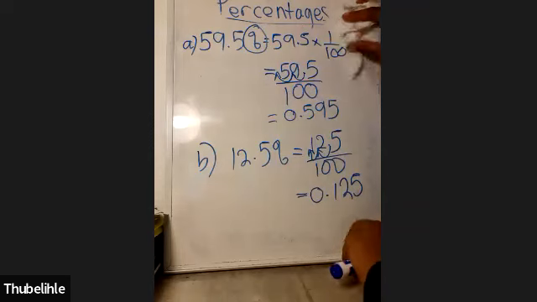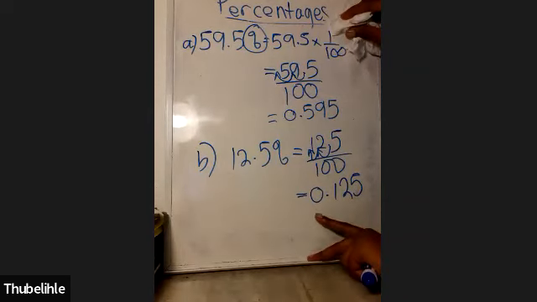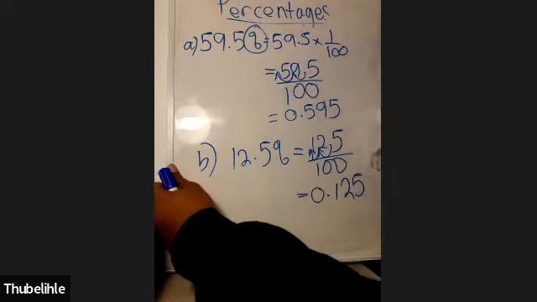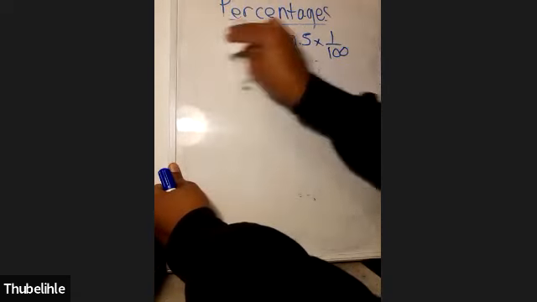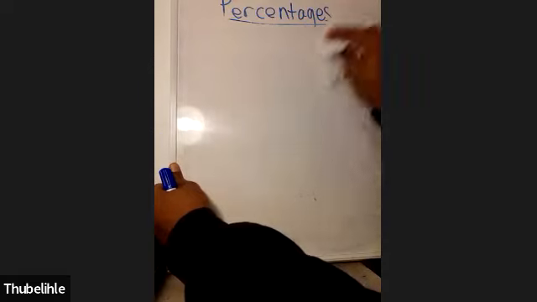Okay, Calvin, do you want to try out C? 290%. Yeah, sure, no problem. C is 290% converting into a decimal.